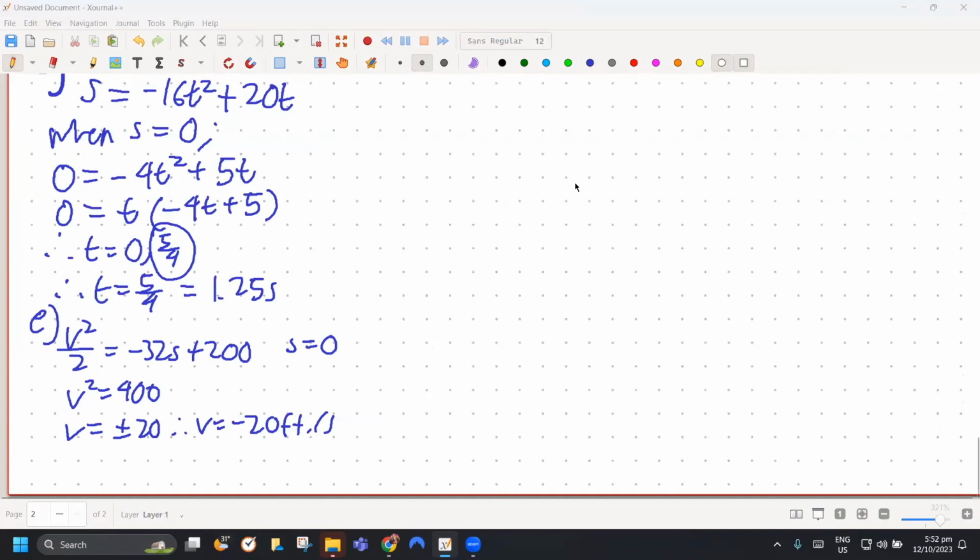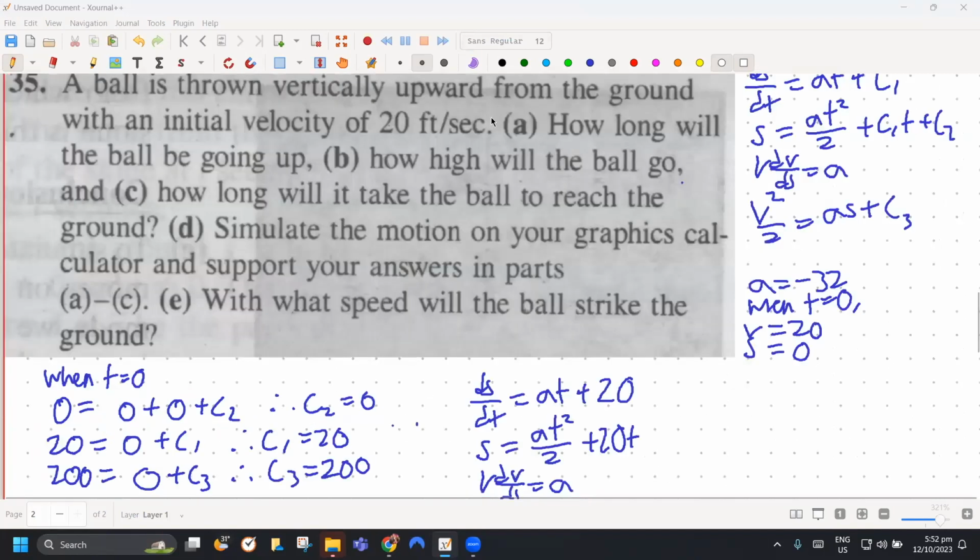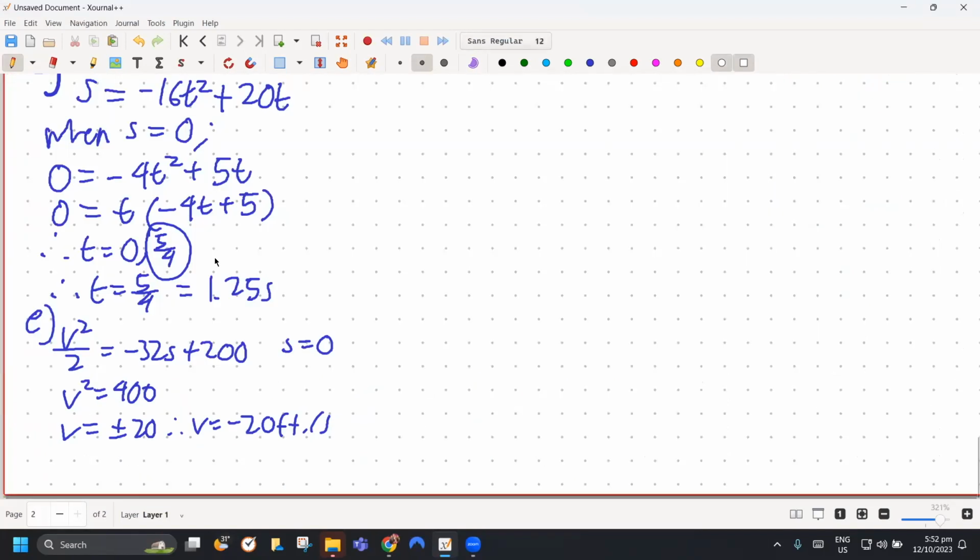Pero ano hinihingi sa letter E? Speed. So this is the speed at which it hits the ground: 20 feet per second.